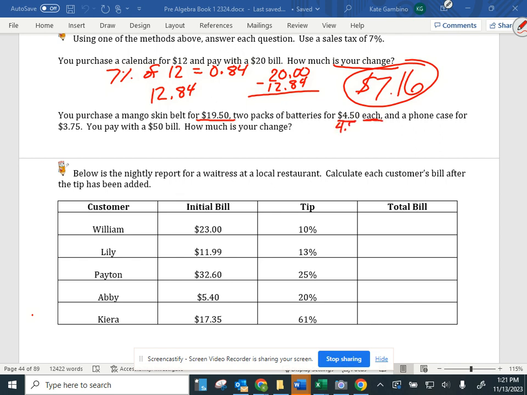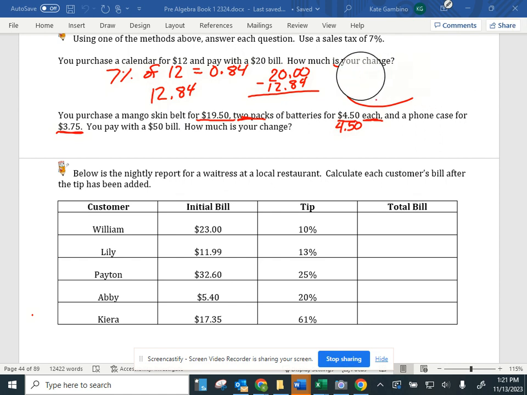So we have two $4.50 plus our phone case. Add all of those up, find the 7% tax, subtract that total amount away from our $50 bill. So make sure you notice that there's 2 packs of batteries. So we have two $4.50 that we're buying.